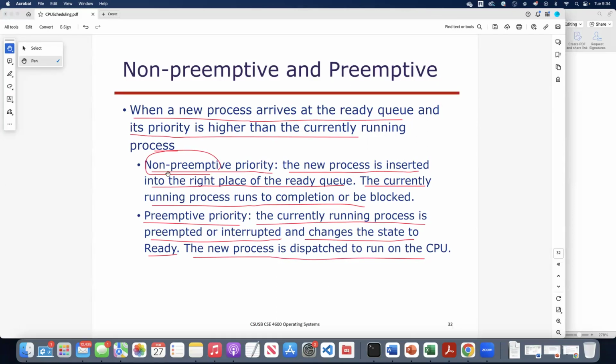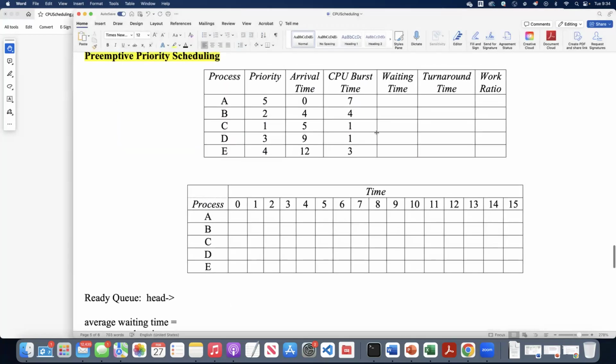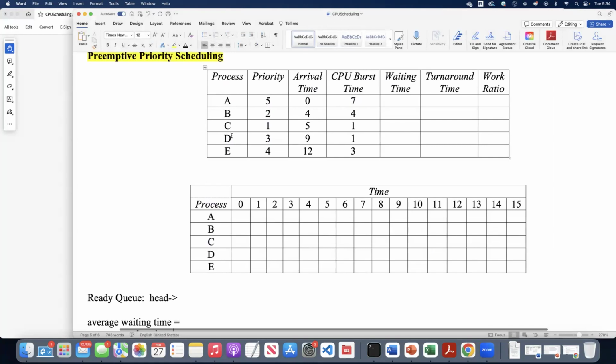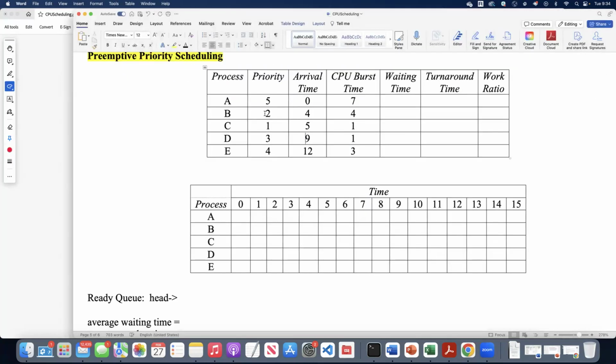Now let's take a look at an example of preemptive priority scheduling. Here we have 5 processes, the same data we used in the previous 4 scheduling algorithms, but the only difference is we add a priority value for each process.